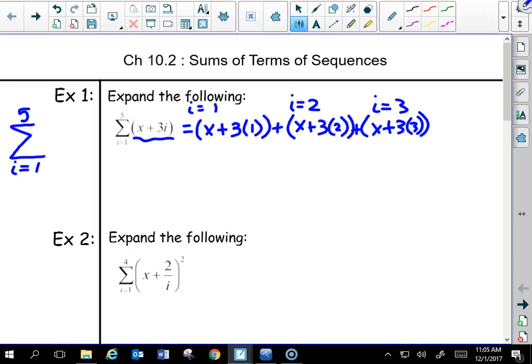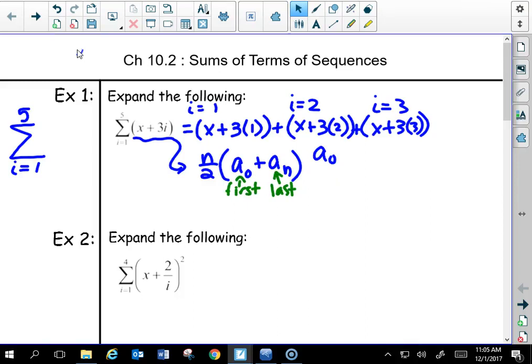So this sum will be equal to n over 2 times a sub 0 plus a sub n. Now, a sub 0 is the first term, and I know that we start counting at 1, and that happens sometimes, but it's important that you remember that this is just the first term, and this is just the last term.